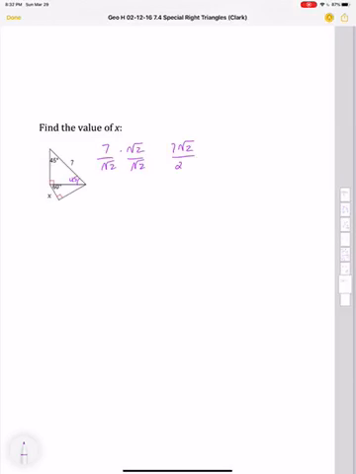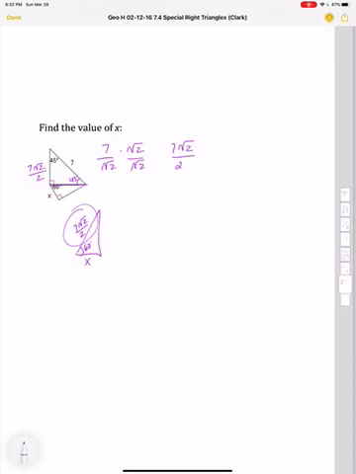Ugh. So that's my 2 legs, and if this is 60 degrees, this is x, this is 7 root 2 over 2, and I need to find x. Well, that's okay, so this is double whatever x is.